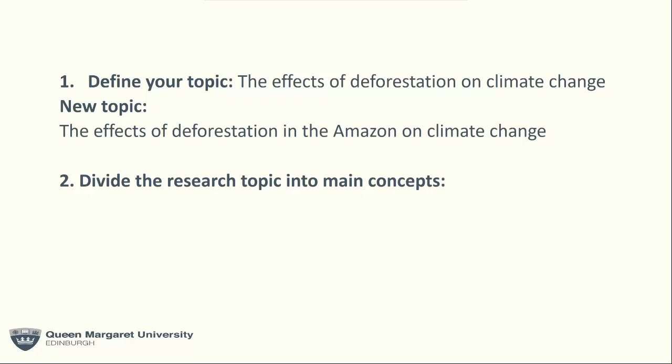In our case, we are focusing on the effects of deforestation in the Amazon on climate change. We are doing this in order to illustrate how you might deal with a topic that has 3 main concepts, since in addition to deforestation and climate change, we now also have Amazon as a 3rd concept.